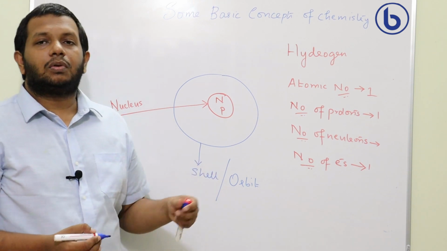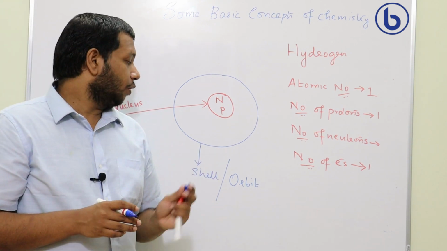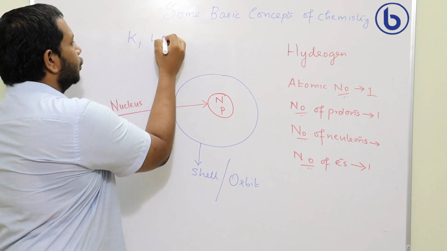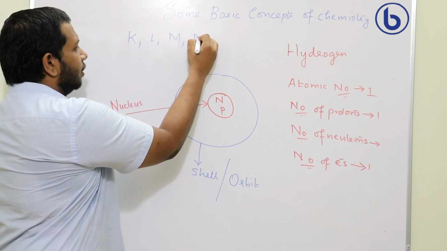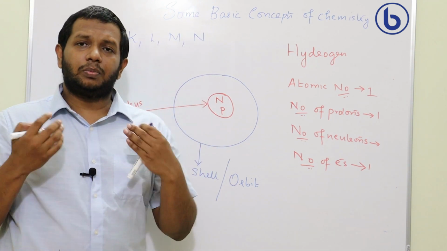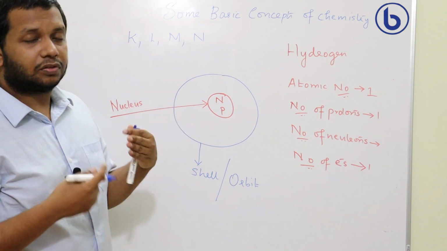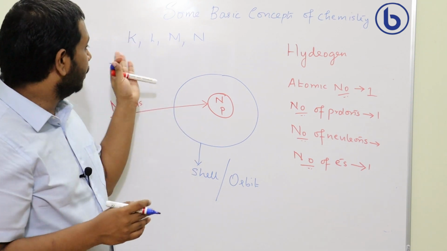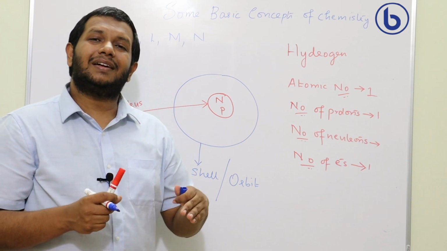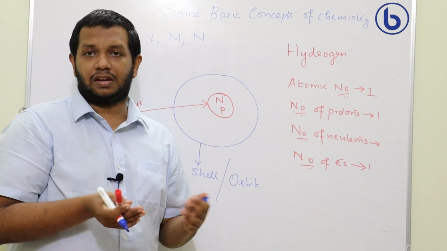We have different types of orbits or shells: K shell, L shell, M shell, N shell. We next need to introduce how many electrons a K shell can hold, and what is the valence shell. The valence shell is the last or final shell.